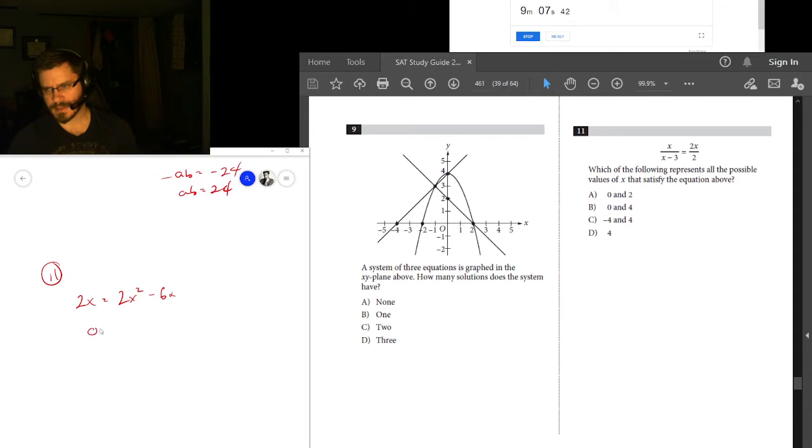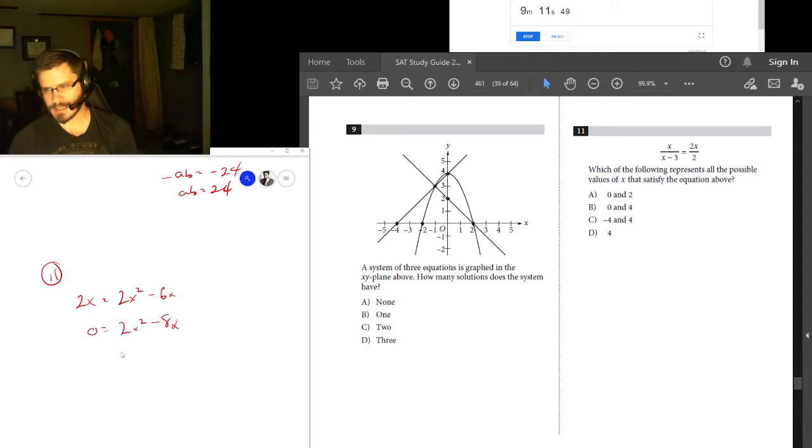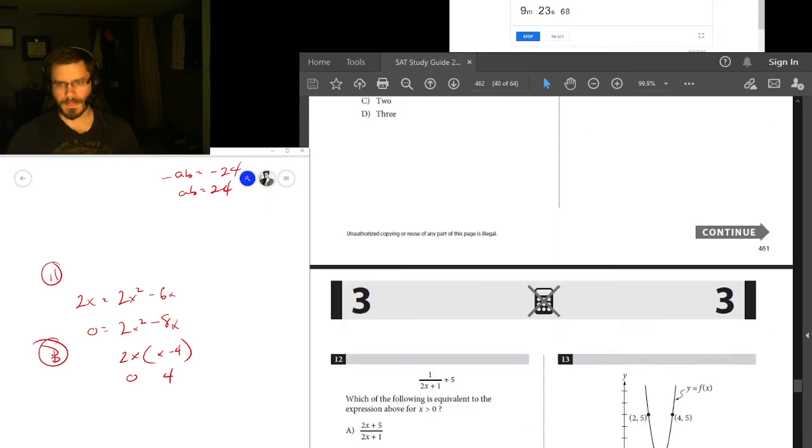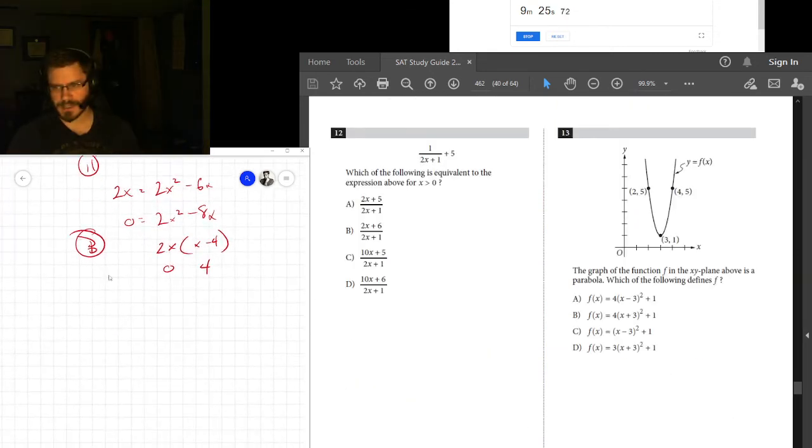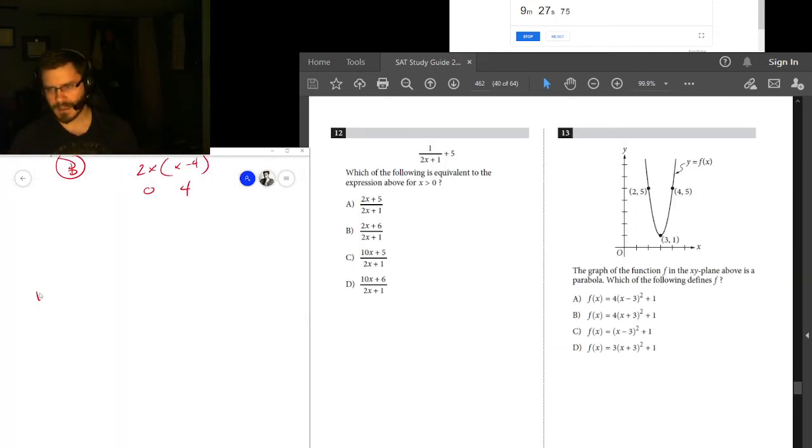Combine like terms, 0 equals 2x squared minus 8x. Factor it, 2x factors off, and you get x equals 0 or 4, and that is indeed B. Those are good plug and check questions if you need to do plug and check.